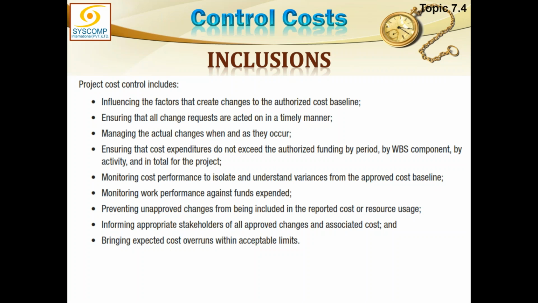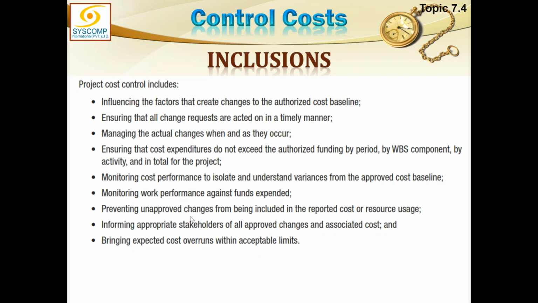This is an alarming situation. Monitoring cost performance to isolate and understand variances from the approved cost baseline. Monitoring work performance against funds expended. Preventing unapproved changes from being included in the reported cost or resource usage. Unapproved changes, that is scope creep.